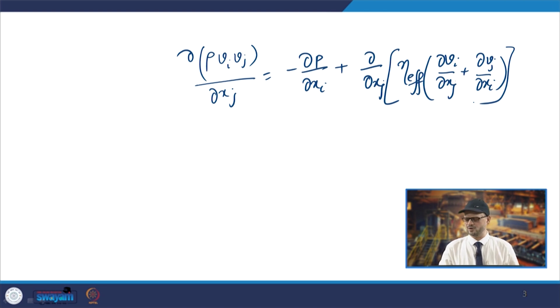And if you try to analyze this, if you go for the dimensionless form of this equation, then it will yield the dimensionless number.